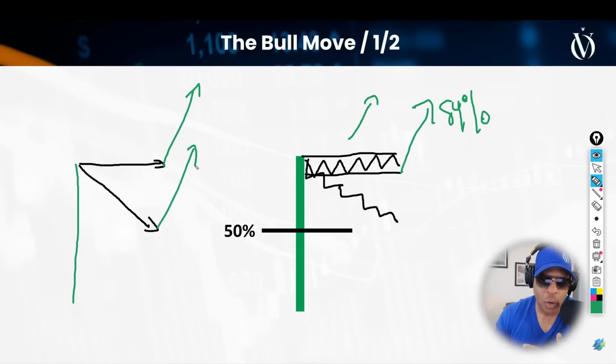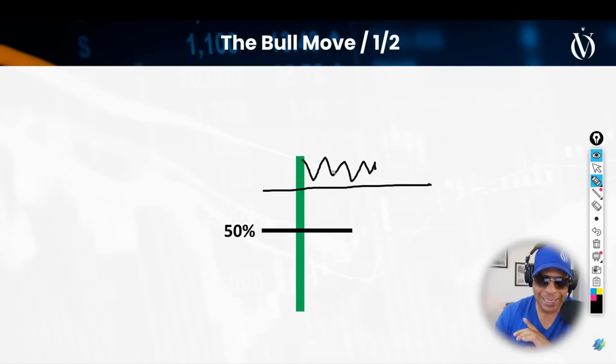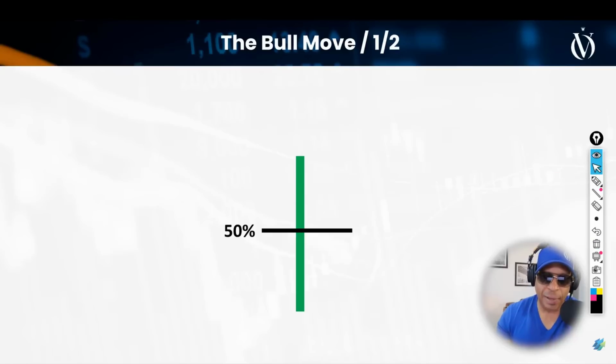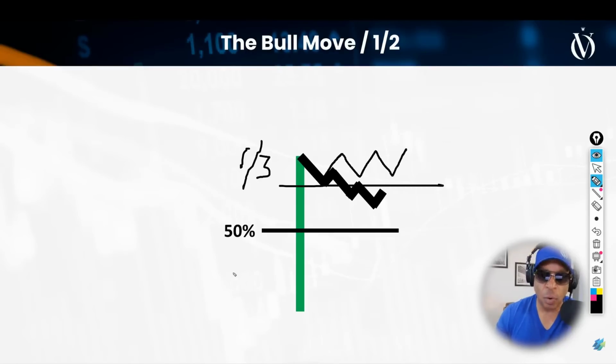So when your stock is resting sideways, you need it to stay in the top third. But if it rests downward, you need it to stay in the top 50%. I'm going to repeat that. If your stock rests sideways, it needs to stay in the top third or all bets are off for an upside break.